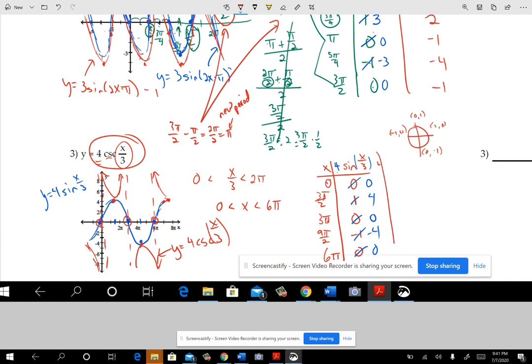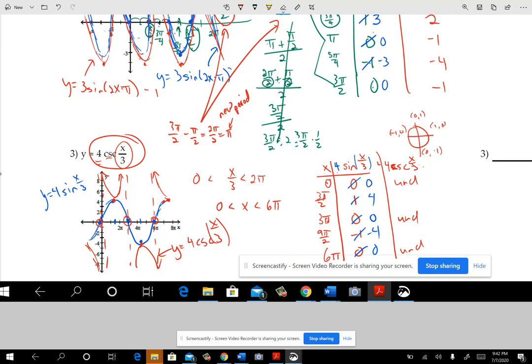So if you came over here, you could do it this way too. If you came over here and looked at 4 cosecant x over 3, what's going to happen is you're going to wind up having this be undefined. Okay, undefined, okay? All right, and then this is a little tricky because if you're going to do the cosecant, you normally wait to do the 4 part.